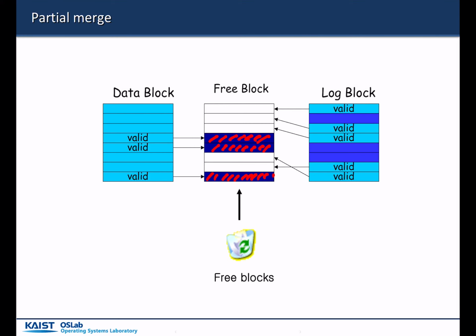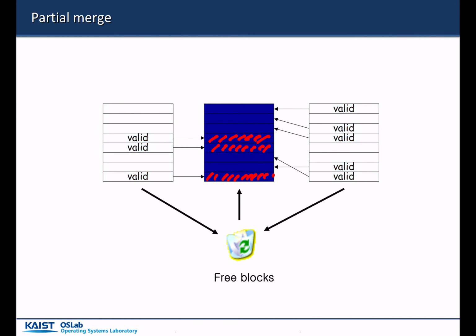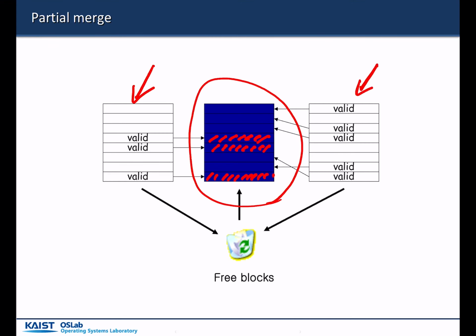After the merge, we turn the free block into a data block, and then free both the data block and the associated log block. So we are consuming one free block, and we are obtaining 2 free blocks. So delta is 1. So it's profitable.